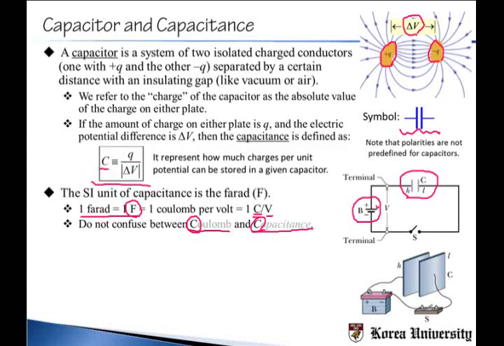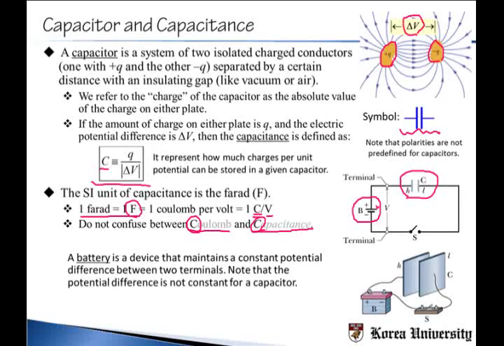And then how is battery different from capacitor? Can you tell it? In fact, the role of battery is actually maintaining a constant potential difference. So once you have a battery of 1.5 volt, it will be 1.5 volt until it dies. So that is the role of the battery. But for the capacitor, it is different.